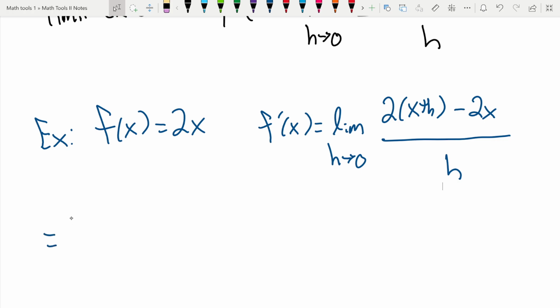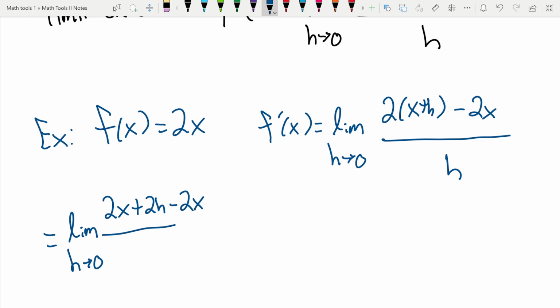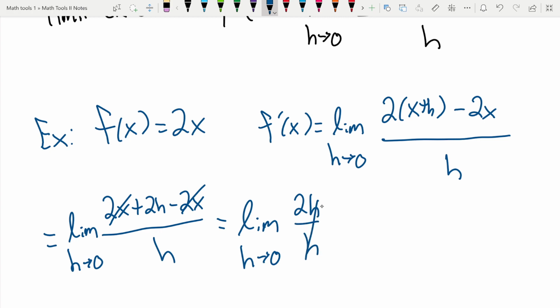So we'll go ahead and simplify the top. So limit as h approaches 0 of 2x plus 2h minus 2x over h. Okay, 2x and 2x cancel out. So we have the limit as h approaches 0 of 2h over h. Well, here the h's cancel out. So you have the limit as h approaches 0 of 2, which is, of course, just 2. Okay, so we do indeed get what we would expect to get here.